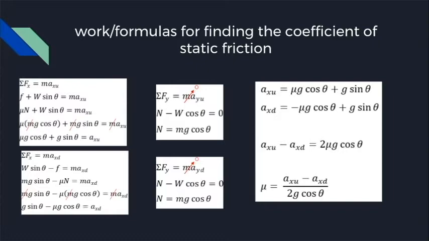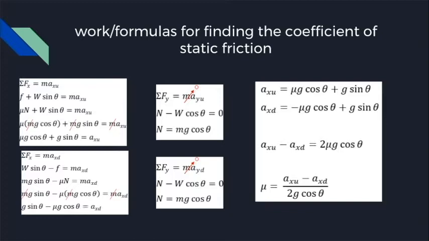Again, we can go find the normal force from the sum in the y direction. So the normal force will be equal to W cosine of theta, which equals mg cosine of theta. We can sub this back into our sum of the forces in the x direction to get mg sine theta minus mu mg cosine theta equals max down.